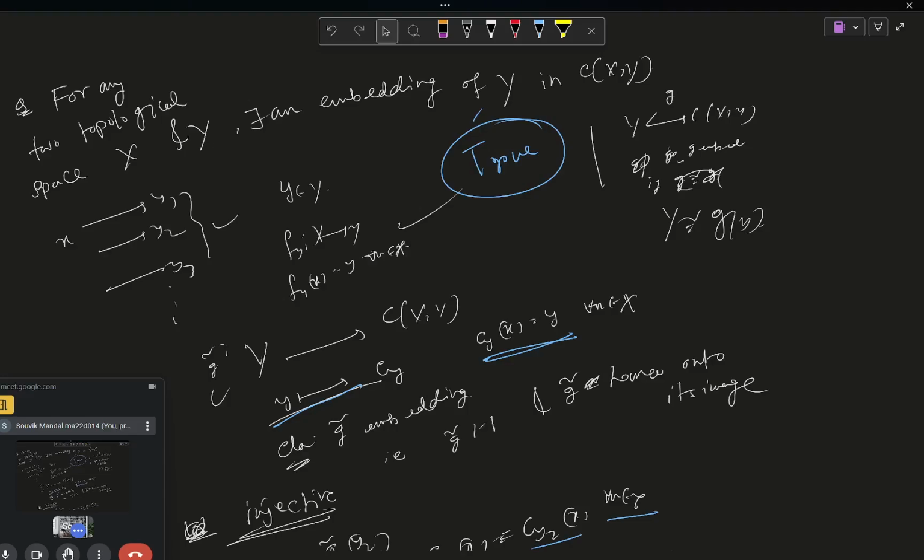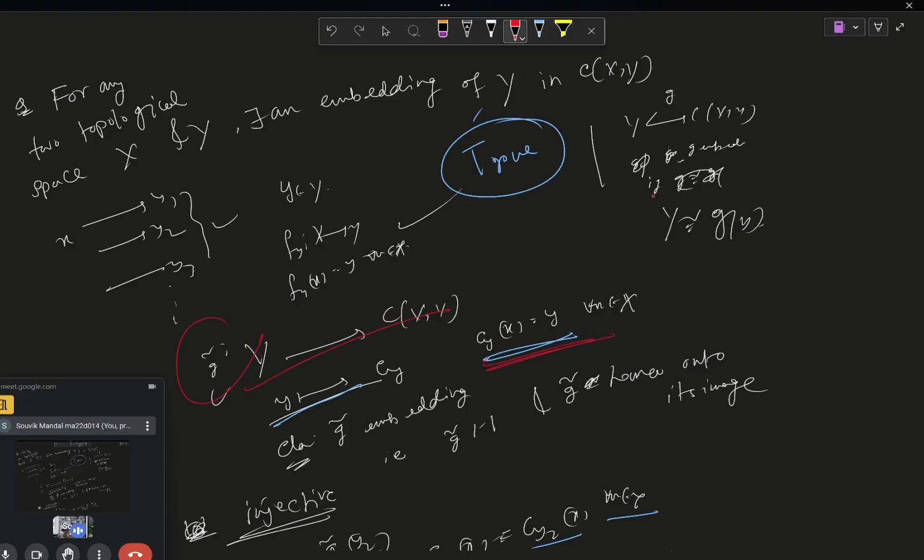First of all, for each y belonging to y, we can consider a map small f such that f is a constant map to y, that is f of x equal to y for all x belonging to x. So this is our map G tilde.